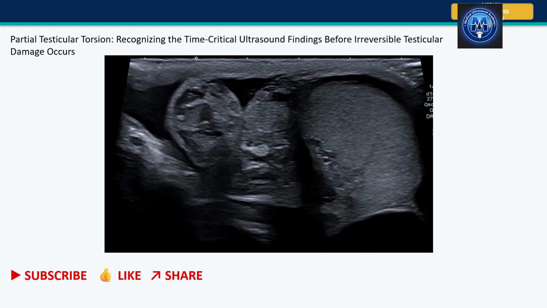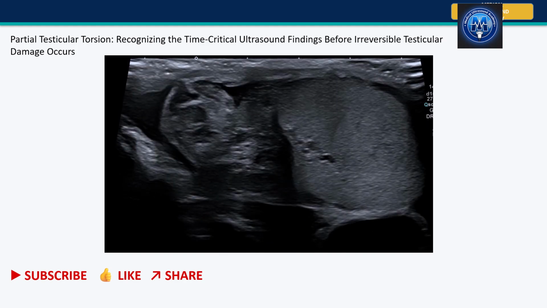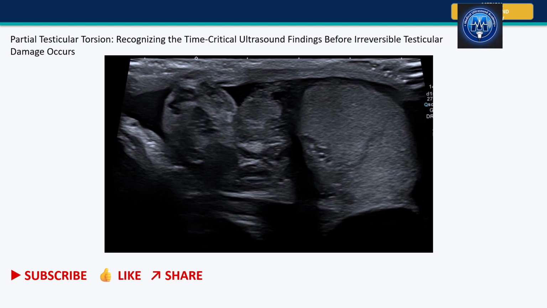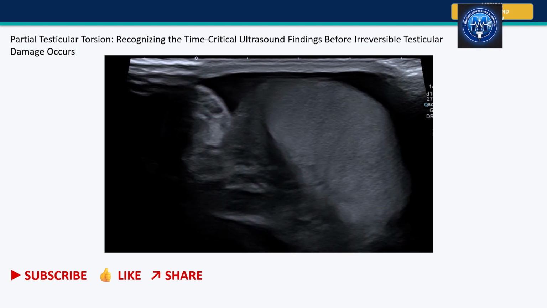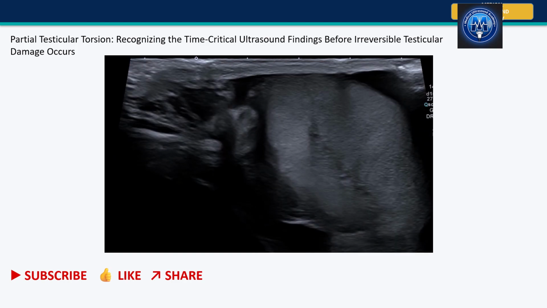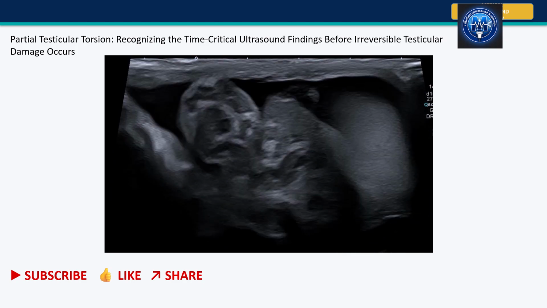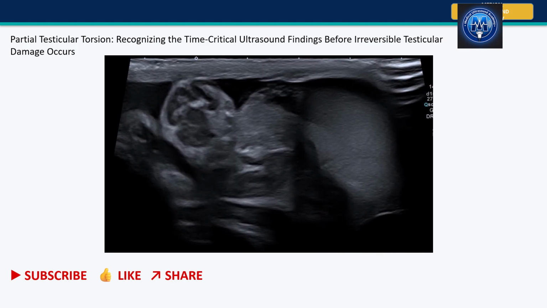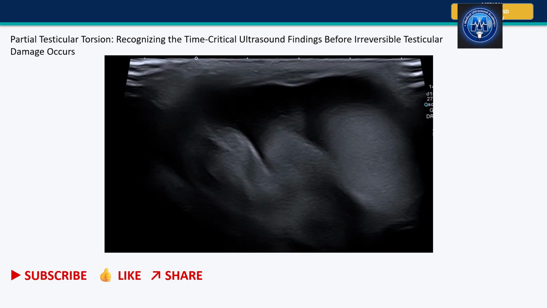So this is partial torsion because the testicular perfusion is still preserved, though it's very much reduced. At the same time, the flow in the epididymal head is still there, but just compromised.